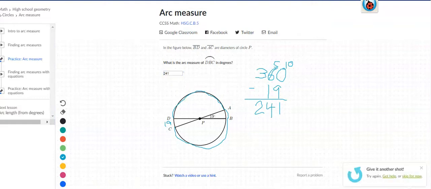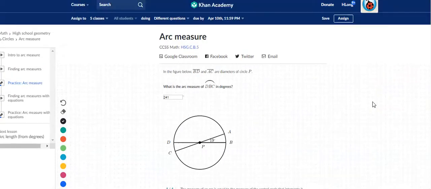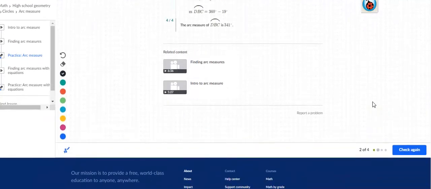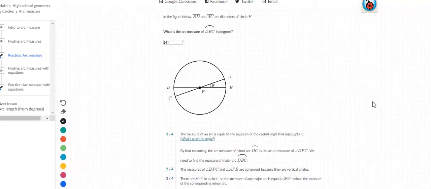Okay, that says it's not quite right. So this is where you can go through and you can either get help or skip for now. So I'm showing this to you and see what it says. So it says, okay, it's equal to the central angle, and so we need to find DBC. It says 360 minus 19, which means all I did is do my math wrong.